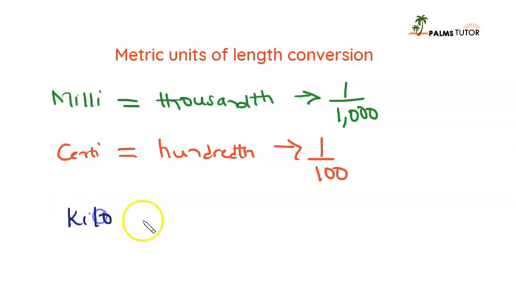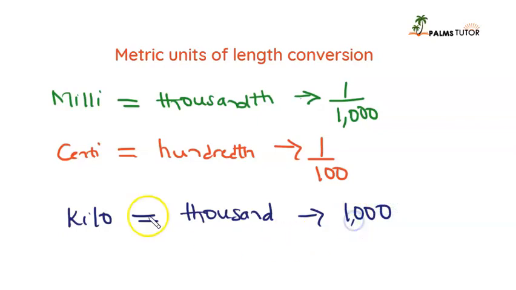Kilo as a prefix before meter means 1,000, instead of thousandth here. So for convenience, you can say that milli means divided by 1,000, centi means divided by 100, and kilo means multiplied by 1,000.